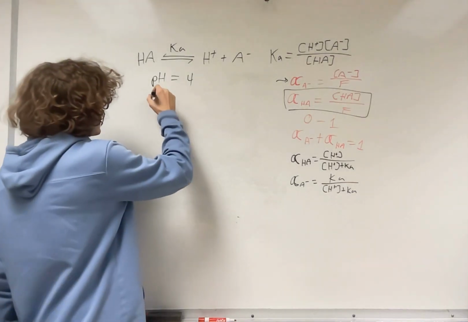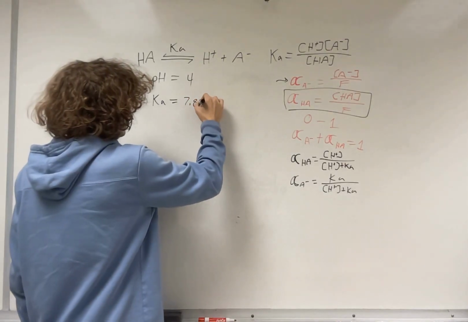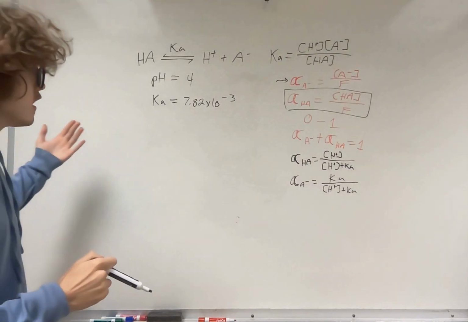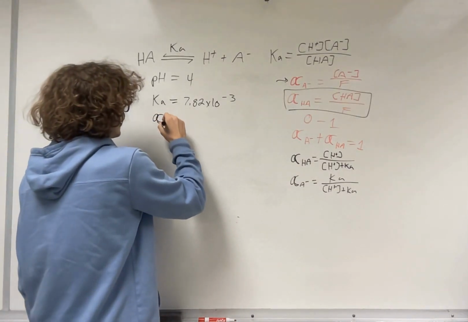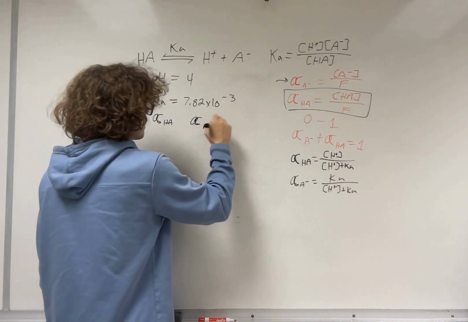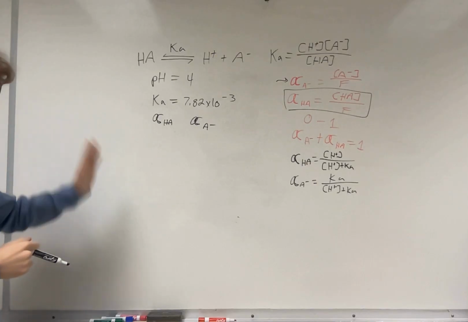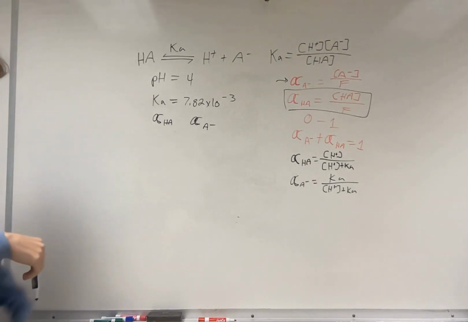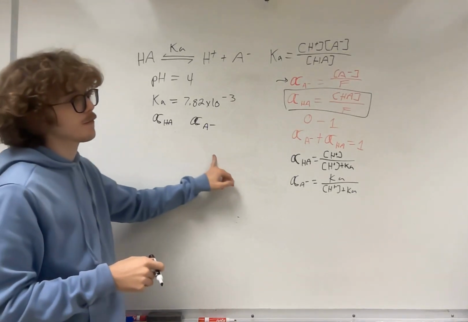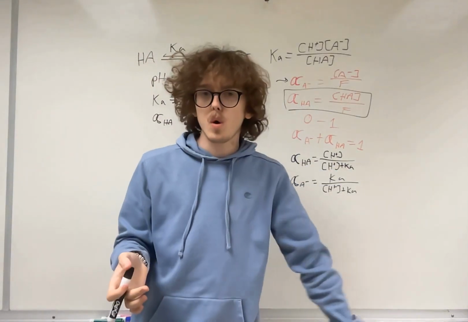And let's assume that the Ka of this acid is 7.82 times 10 to the negative 3. What is the fraction of HA, the undissociated acid, and what is the fraction of A minus? This is hypothetical, and I just want you to find these fractions given what you have, and prove that the fractions work because they add up to 1.